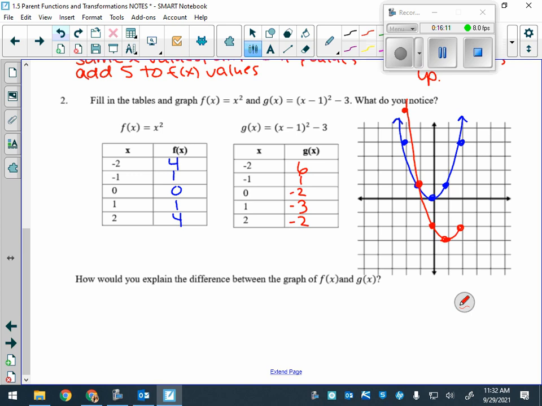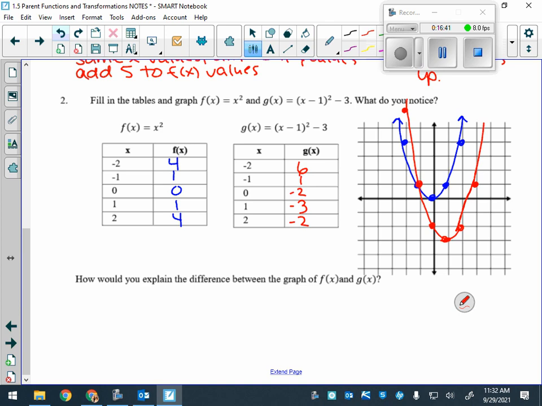If we were just plotting points, that's all I see. But can I figure out what the other points would be to make it a complete U? So I have this point here, negative 1, 1. Can I mirror it on the other side? What would it be? Josh? 3, 1. Also be 3, 1. And then we would have 4, 6 as well.